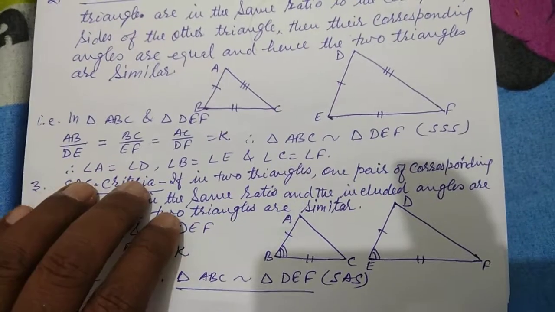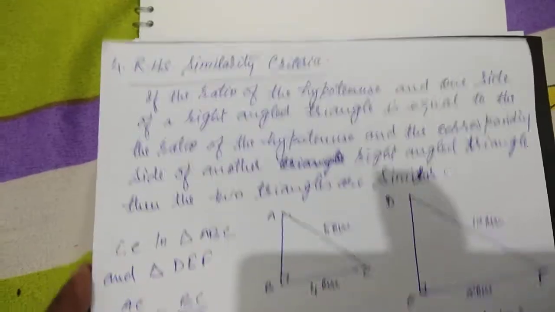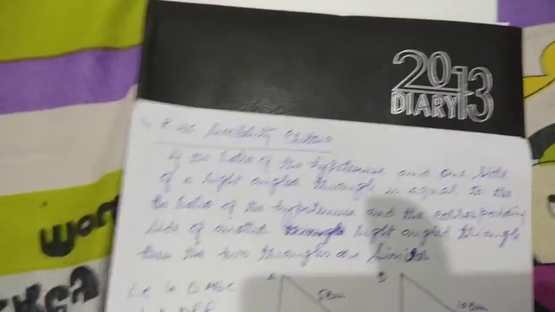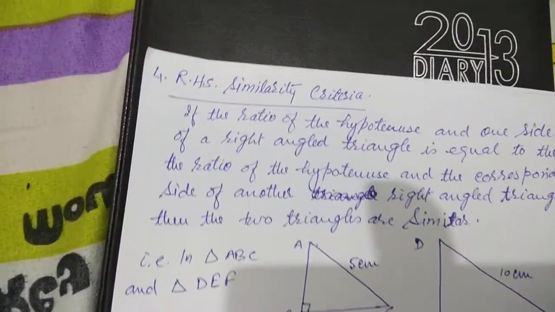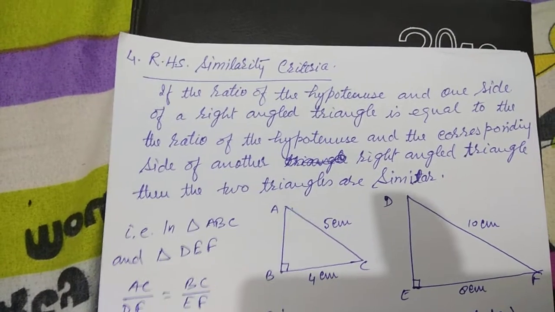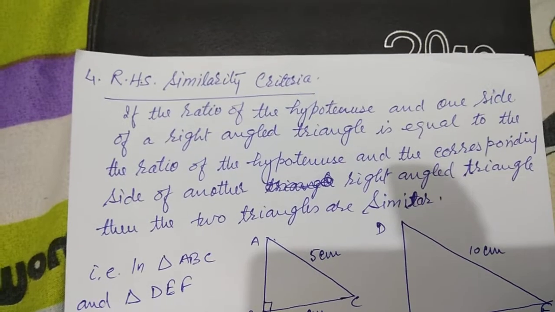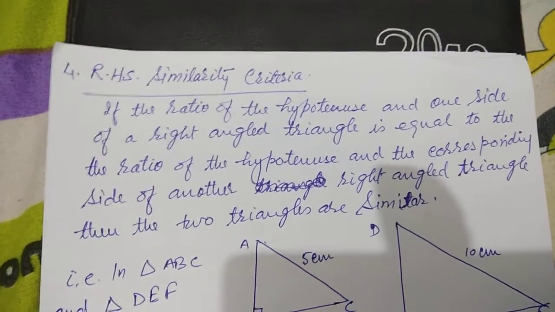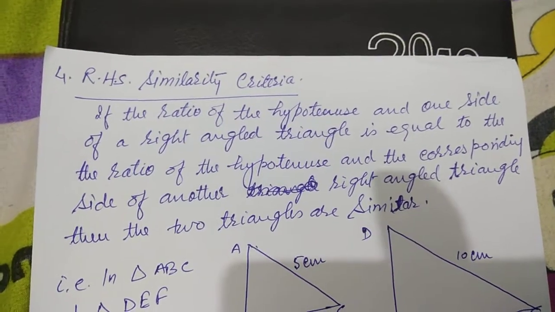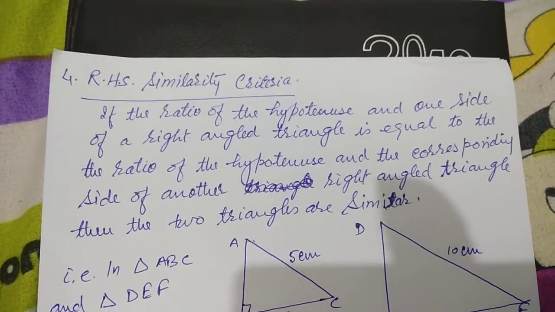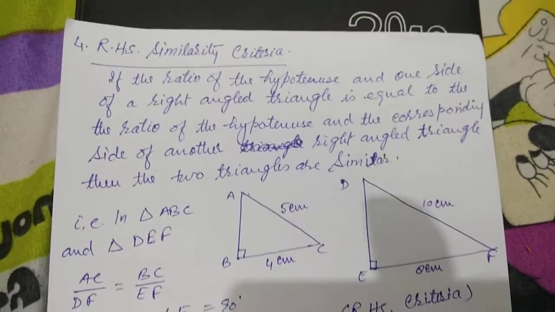Okay, so the next criteria is RHS criteria. In RHS criteria, if the ratio of the hypotenuse and one side of a right angle triangle is equal to the ratio of the hypotenuse and the corresponding side of another right angle triangle, then the two triangles are said to be similar.